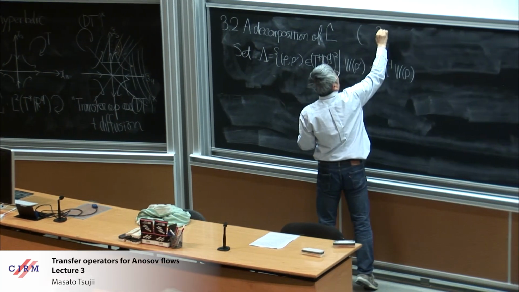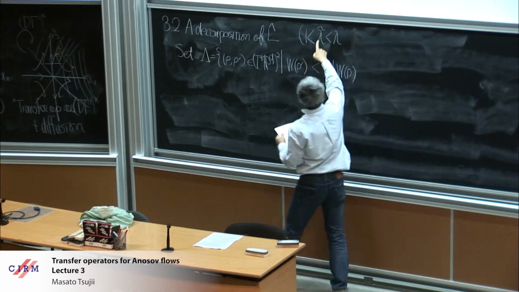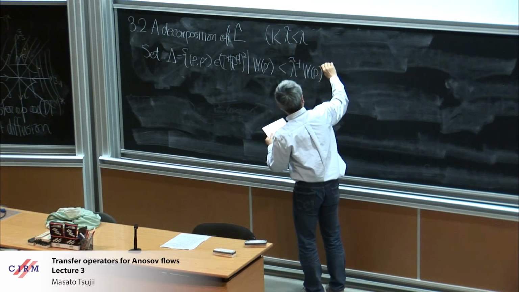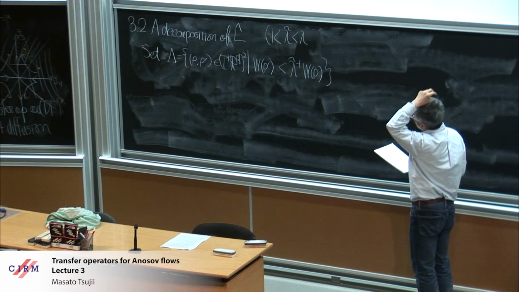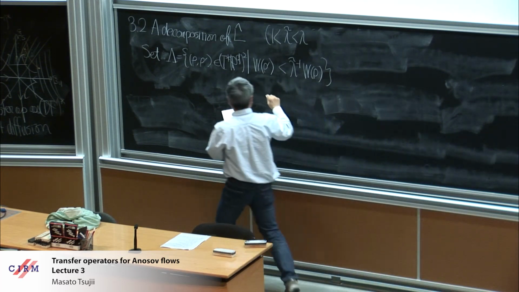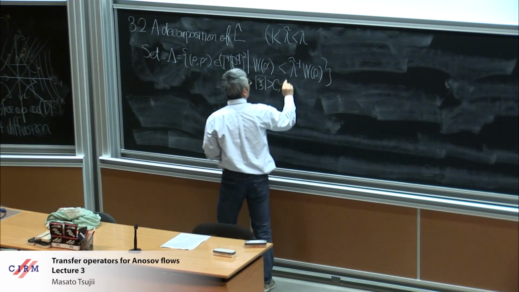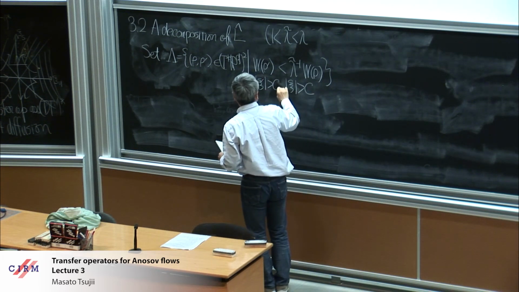Say we take lambda 0 like this. And also, I want to assume that C dash is greater than C, and C may depend on T.